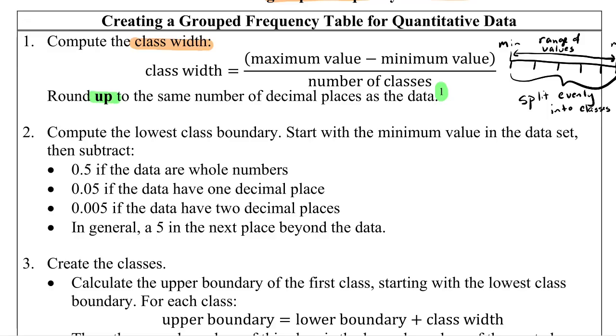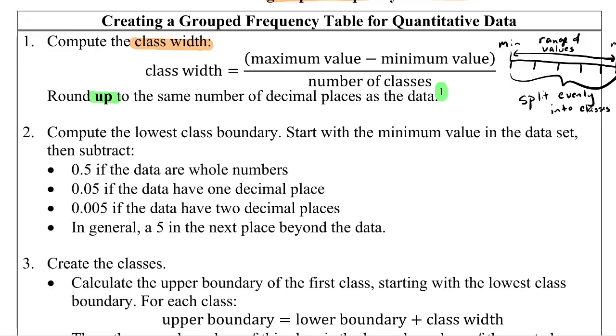The second thing we're going to do is to compute where we're going to start our first class. And the idea is we don't want any of our class boundaries, any of the borders between our classes, to be exactly equal to any of the values. So we're going to subtract a half from our smallest value to get where to start our first class.